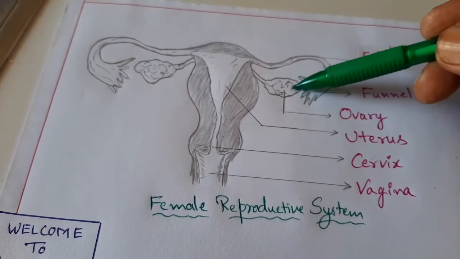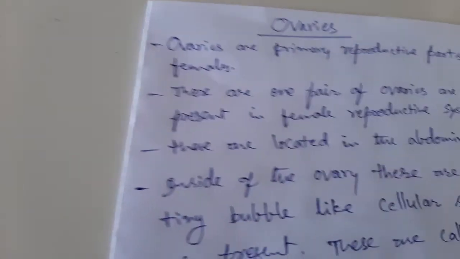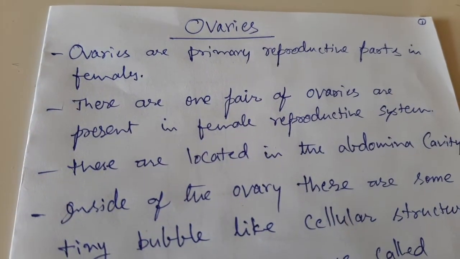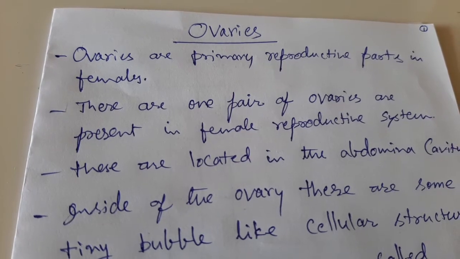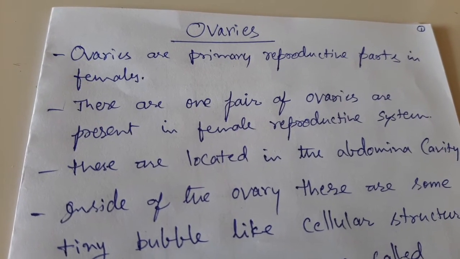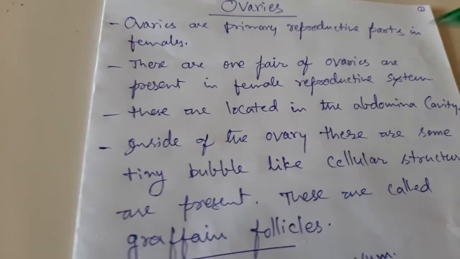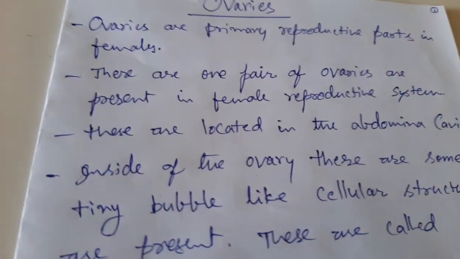Ovaries are the main parts in female reproductive system. And there is one pair of ovaries present in female reproductive system. So the number is one pair.